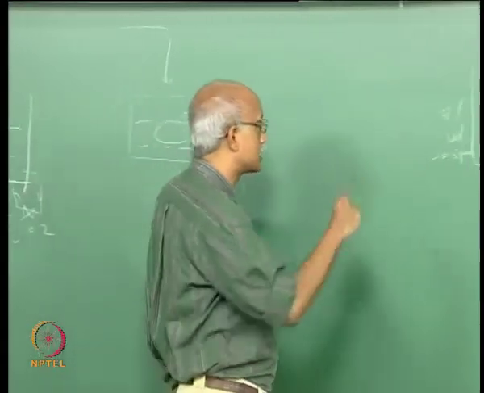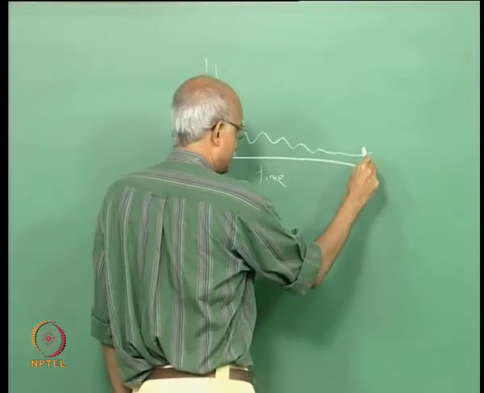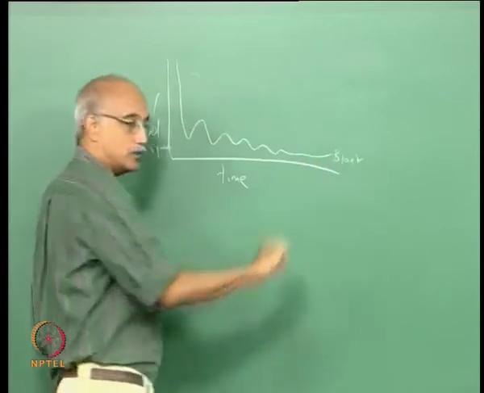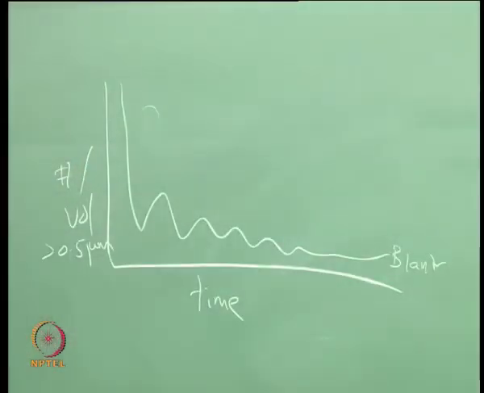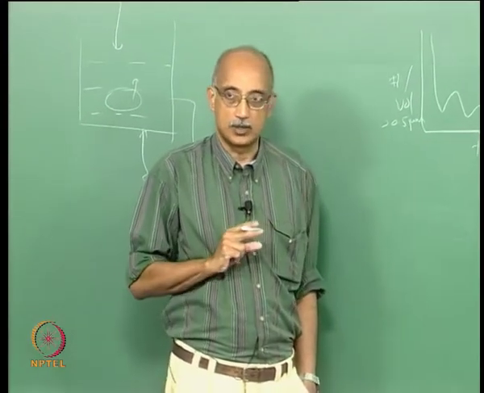Then what will happen is that initially you will have a high count, and then eventually it will reach a blank value which is very low, because the system will clean itself up and you should essentially drive towards 0 residual particles.